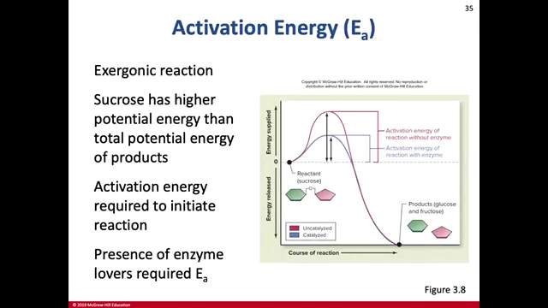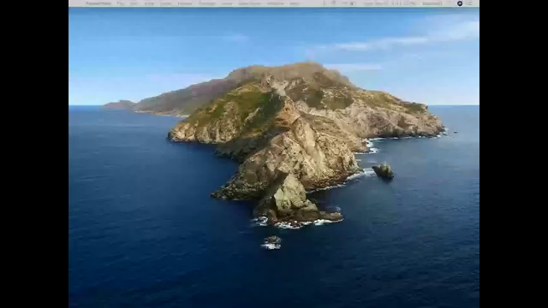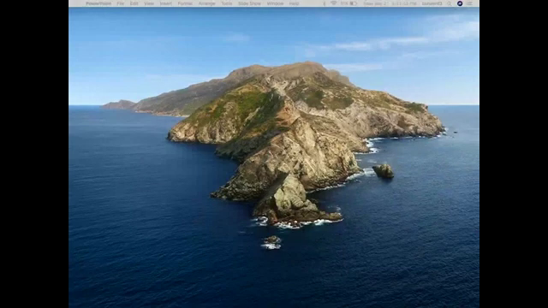The idea is to speed up the rate of the chemical reaction to the point where we don't have to wait very long in order for the reaction to happen. All right? So what I want to do here is sort of show you a little bit about that. So let's take a peek at chemical reactions.